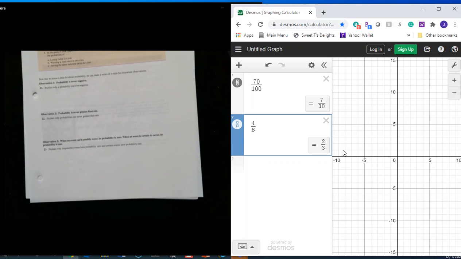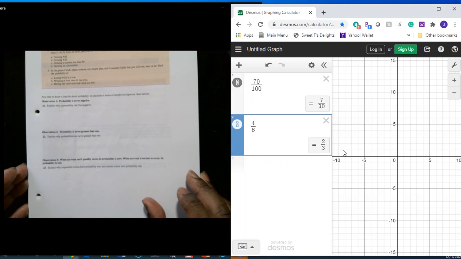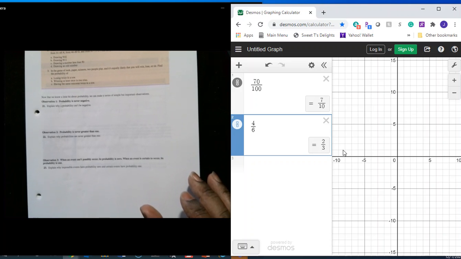Now, we move on to the next page. Now, with our next page here, it says, now that we know a little bit about probability, we can make a series of simple but important observations. Now, observation 1, it says probability is never negative.